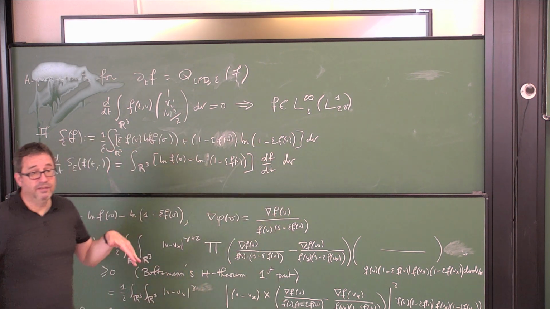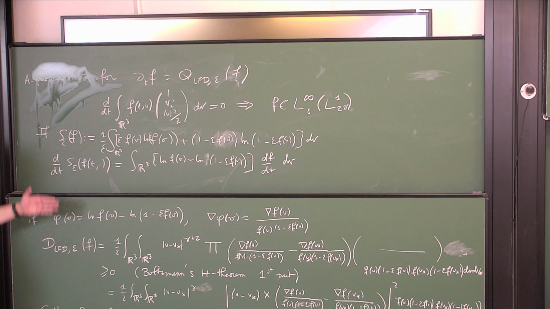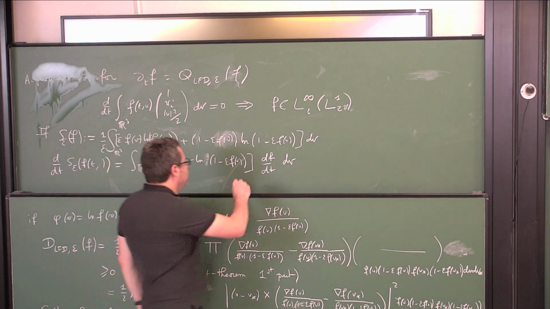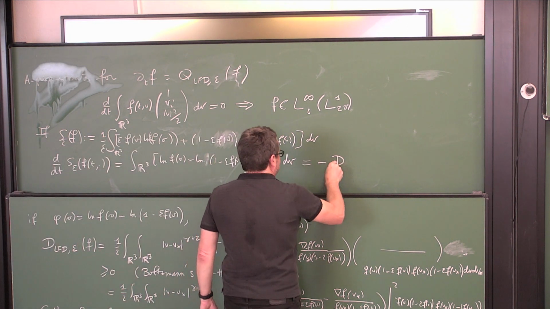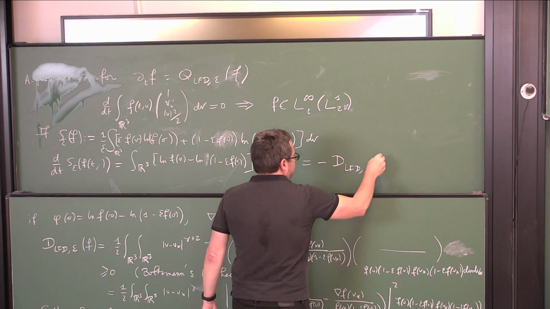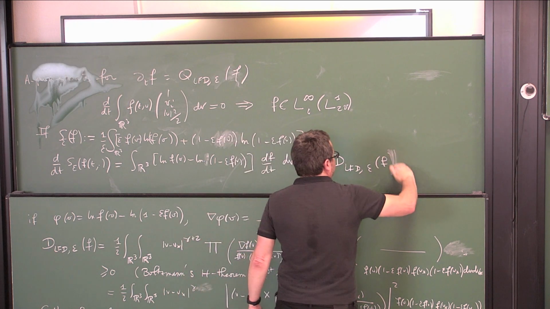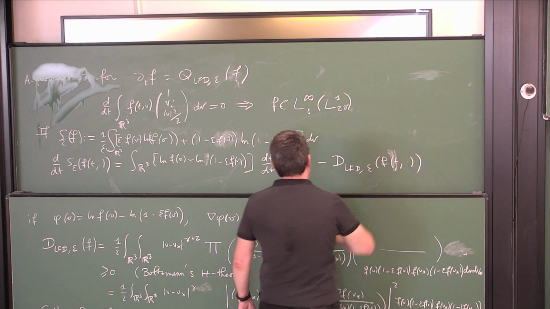But df over dt is now Q, and what we showed when we looked at the entropy structure is that this quantity is exactly the entropy dissipation, and it's of course the reason why it is called the entropy dissipation. Or to be precise, it is minus the entropy dissipation, which is here defined as non-negative. So let's write it like this.